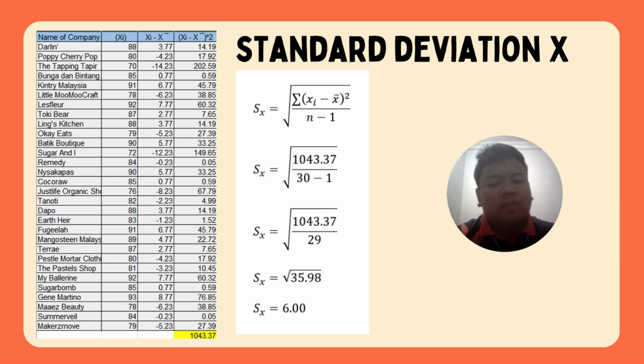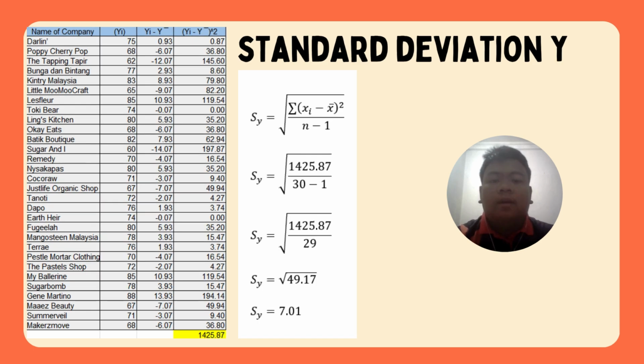Now we need to find the Sy, or the standard deviation of Y, the standard deviation for customer retention rate. Same formula. Let's look at 75. 75 minus the mean, we'll get 0.93 in the table. And then we just need to square it, so we get 0.87.